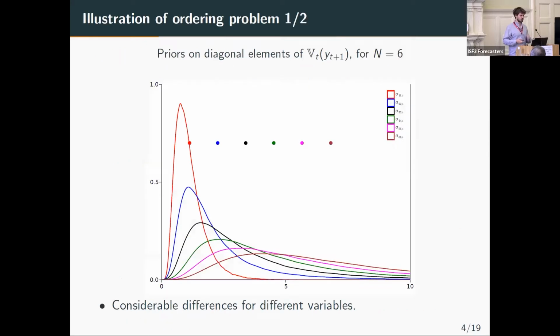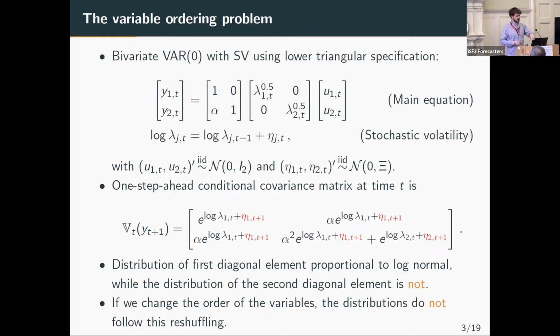To illustrate how big this issue is, what we're showing in this figure is the case of n equal to 6, so with 6 variables. We show exactly these diagonal elements implied by a prior, where we set the prior such that the priors on all these individual parameters, the alphas, the etas, etc., are the same for all variables.